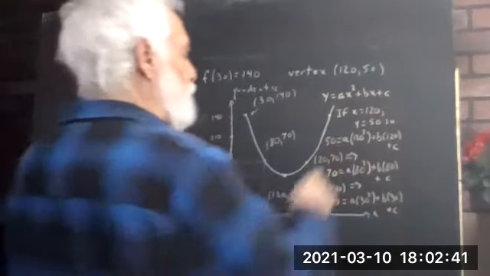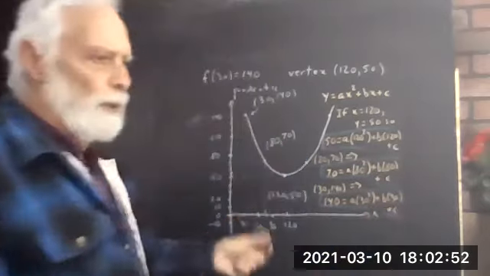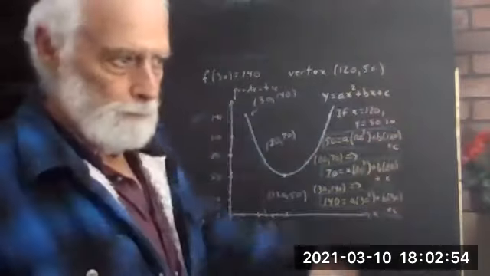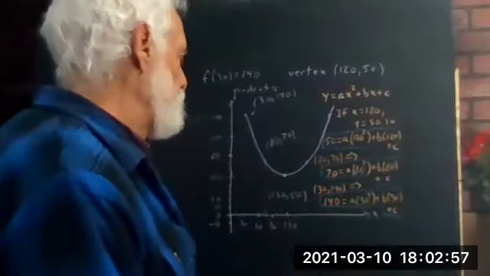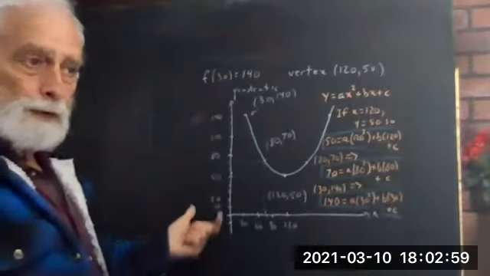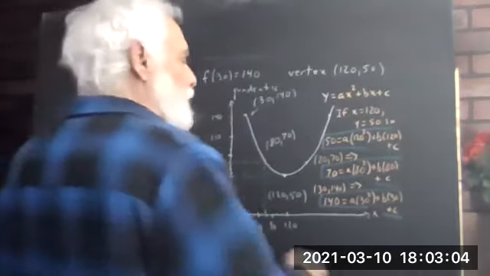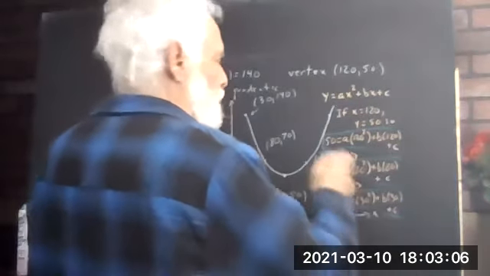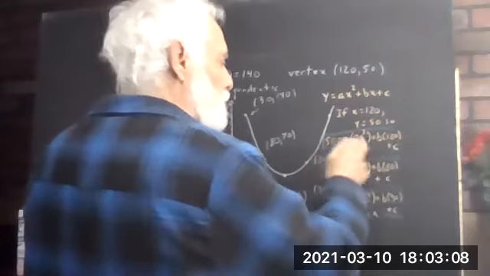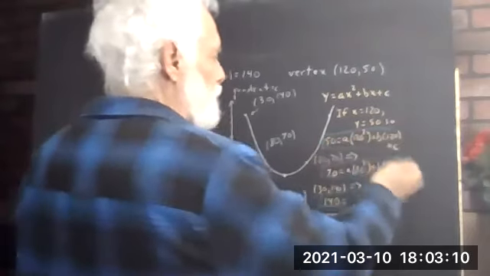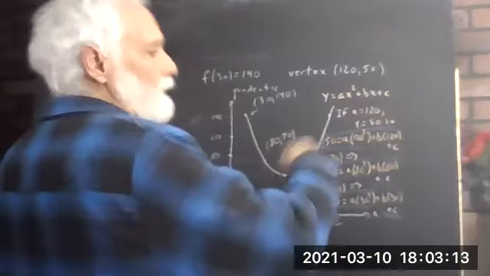Well, now I have three equations in the parameters A, B, and C. I write that as a set of three simultaneous equations. I'm going to write this equation with the right-hand side on the left and the left-hand side on the right.